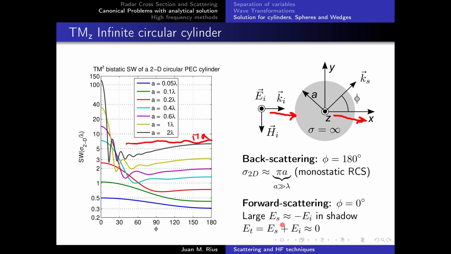So we need a strong peak of scattered field to cancel the incident field in the shadow region. And this is the reason why we have this peak here in the forward direction. But away from the forward direction, we have an almost omnidirectional scattering equal to pi a in high frequency.